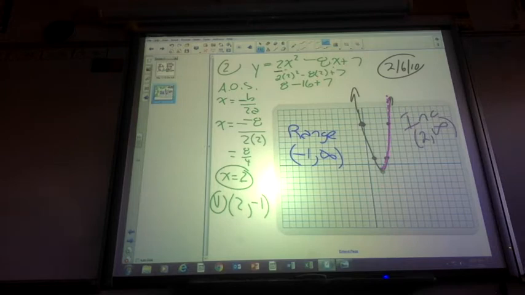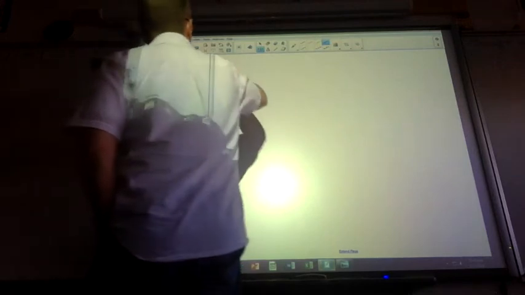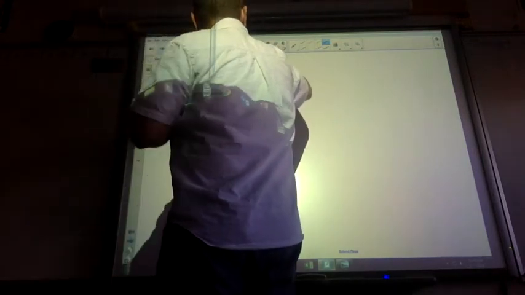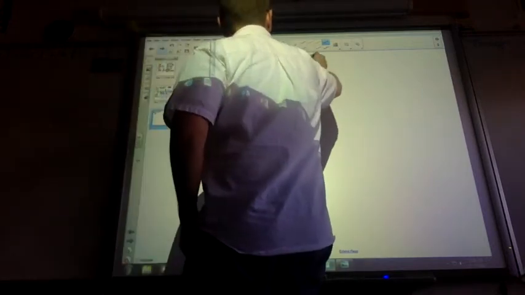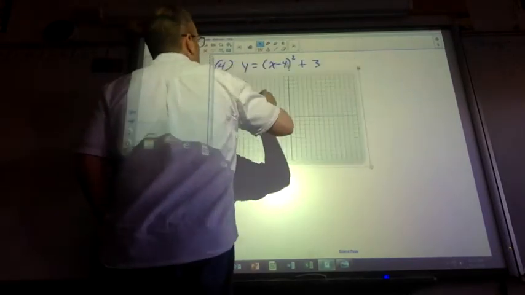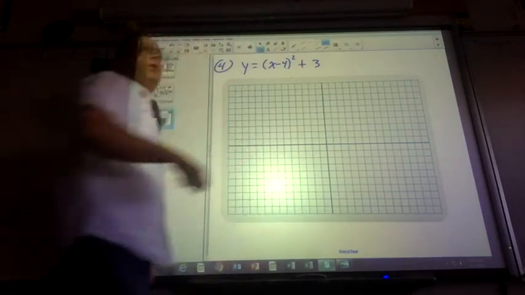Number 3, I want to skip. I won't give you one like that on the test. Okay? And then let's take a look at number 4. Number 4, we have y equals. All we want to do on these is just graph it.